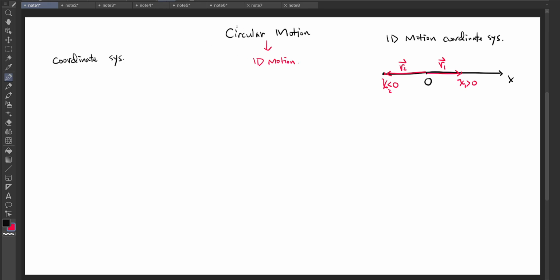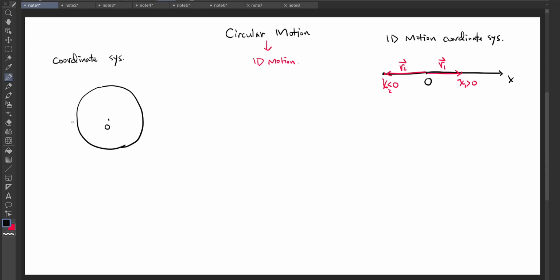Although we put this circular motion in the 2D kinematics, it actually belongs to 1D motion. So let me show you why. So here is the circular path that we're looking at. And here's the origin O.